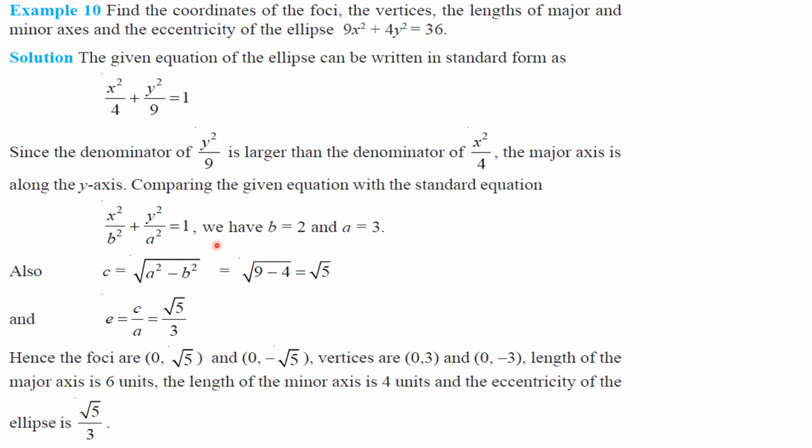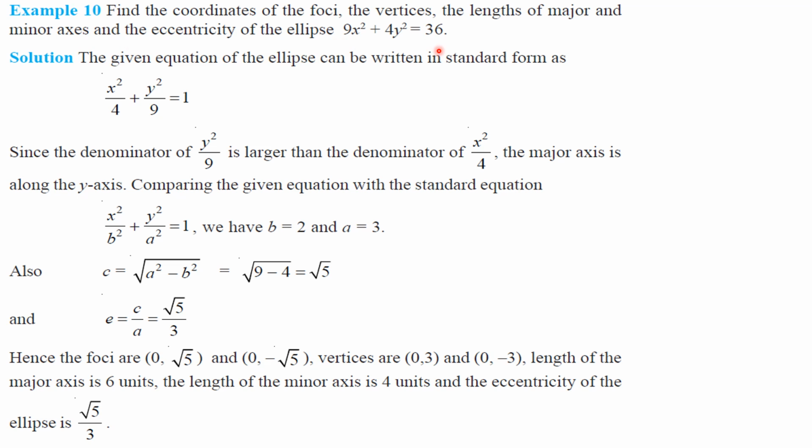Now let us take another example. Okay, my children. Find the coordinates of the foci, the vertices, the lengths of major and minor axis, and the eccentricity of the ellipse 9x square plus 4y square is equal to 36. Have you identified the difference between the previous example and this example?